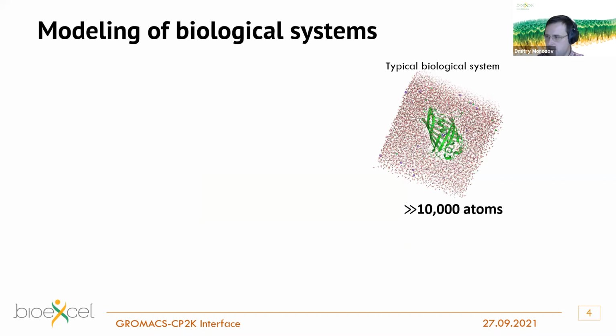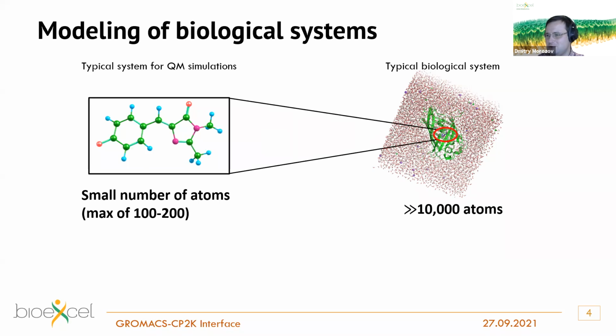Typically, your system is much larger than 10,000 atoms, which is a problem for classical quantum chemistry, because classical quantum chemistry operates on much smaller scales. It is typically limited to several hundreds of atoms, without additional tricks, of course.